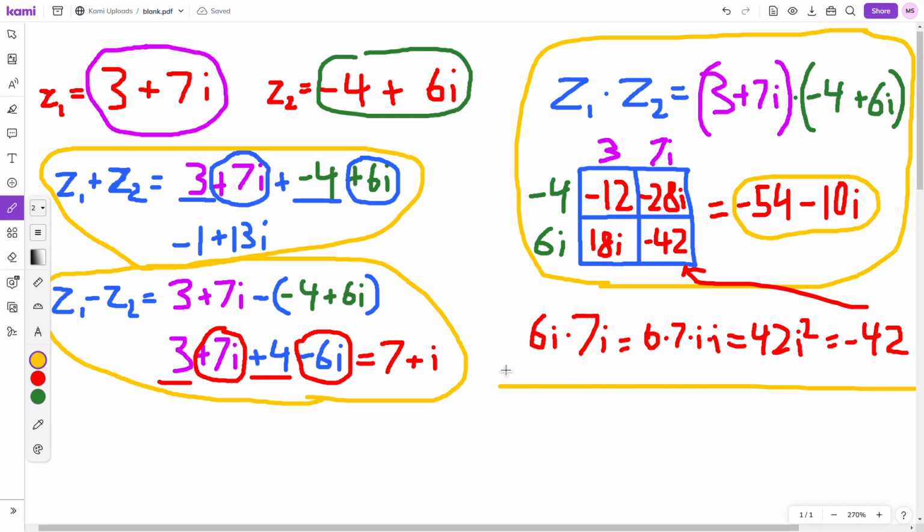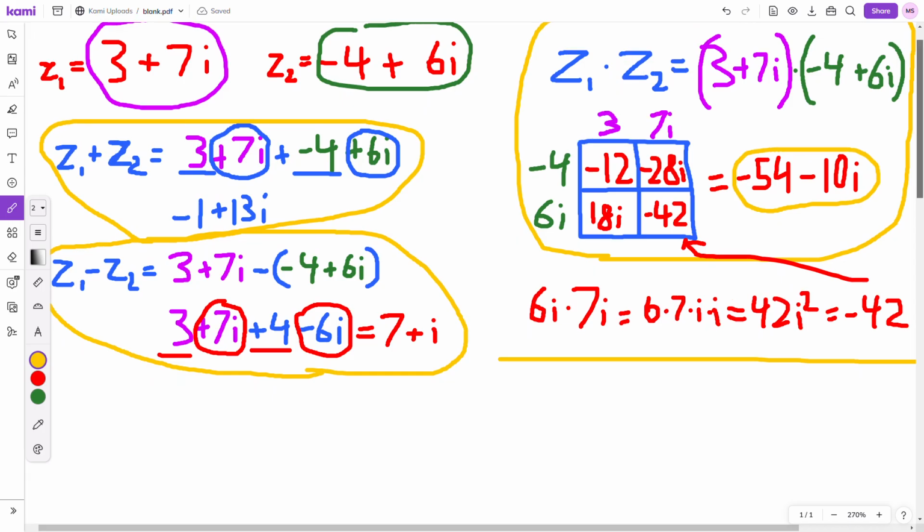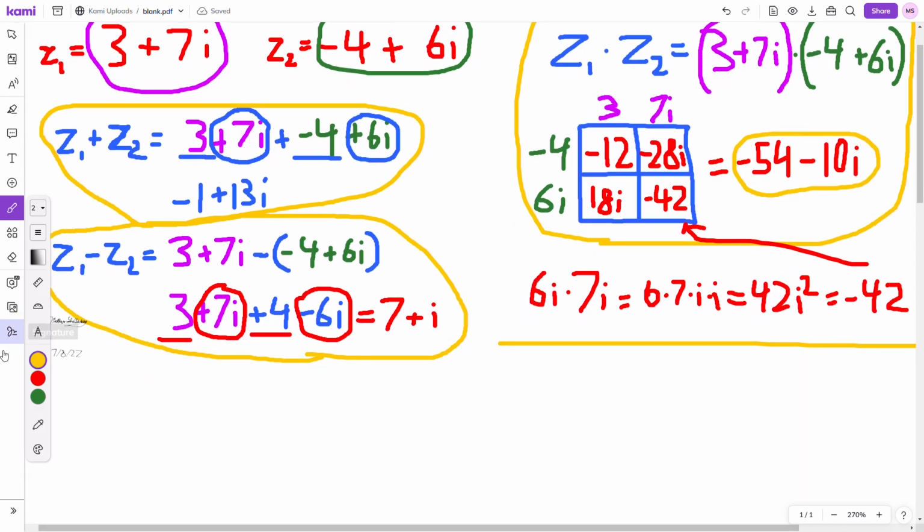Now we begin our final operation. And I can already tell it's going to be a nasty fraction. But such is life. That's what we're here for. So the fourth and final operation that you have to do in your quiz is we're going to divide. We're going to take Z sub 1 divided by Z sub 2.